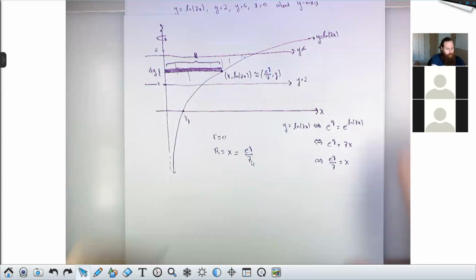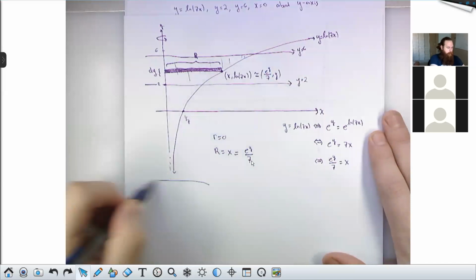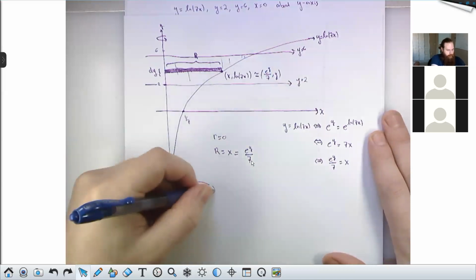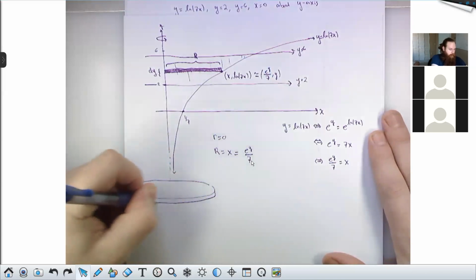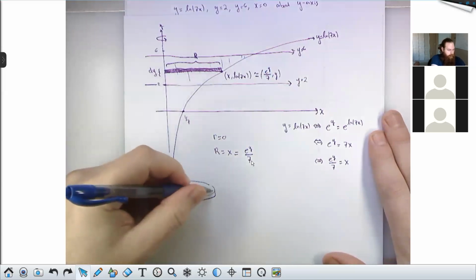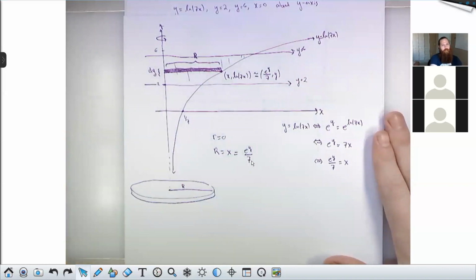So now we're ready. I don't really have to draw dV here, but we can. Never hurts. All right, this is the little differential solid dV that we get from rotating just that strip.